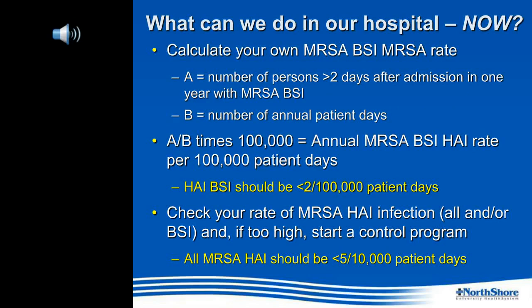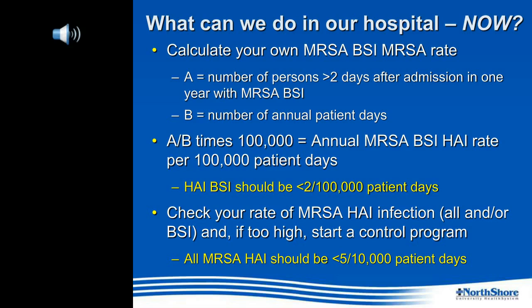So what can you do in your own hospital now? I think you can look at whether or not you have an MRSA bloodstream infection rate that's too high. You can calculate it. You look from the laboratory at the number of persons that have positive bloodstream infection with MRSA more than 2 days after admission, calculate the annual patient days, and you can calculate your annual MRSA bloodstream infection rate.